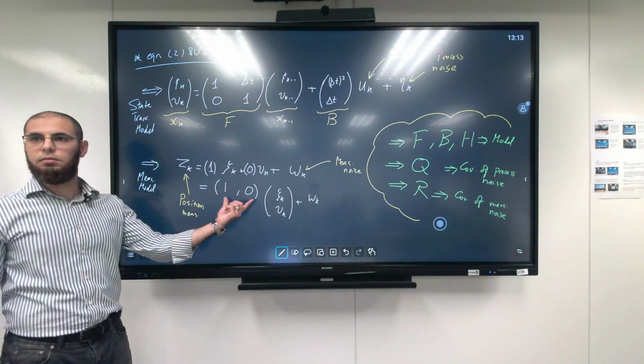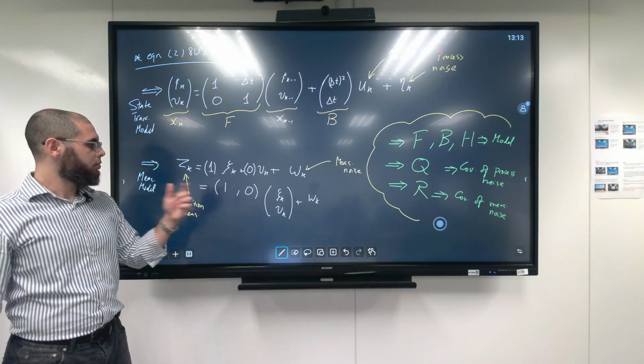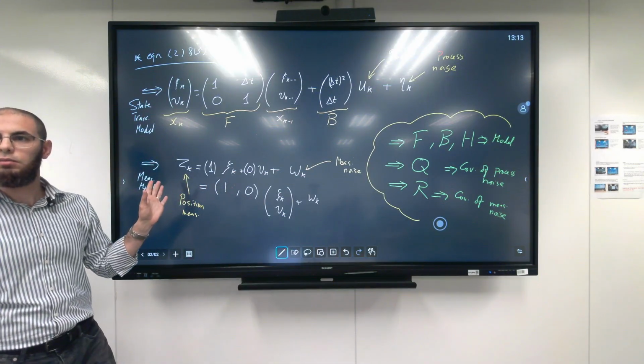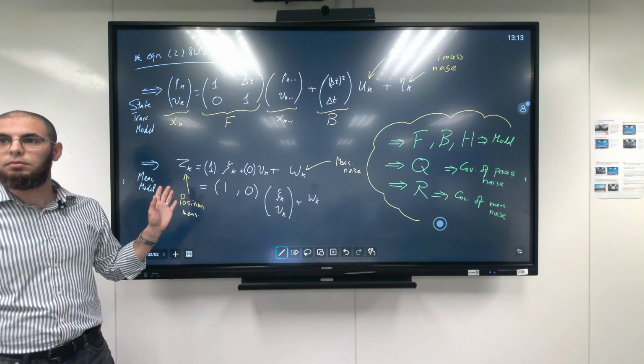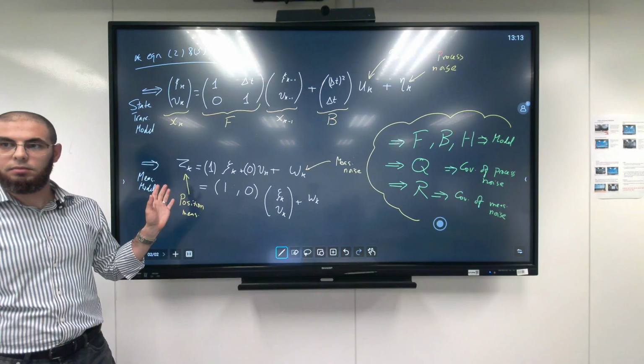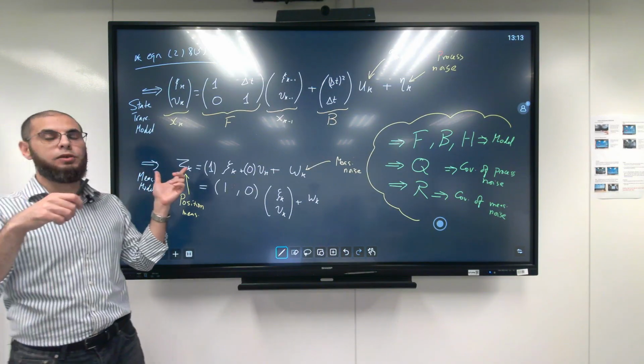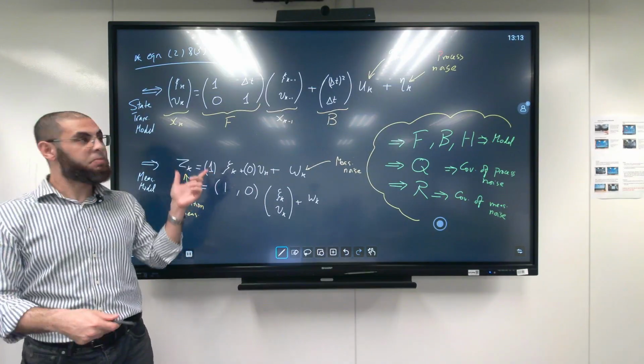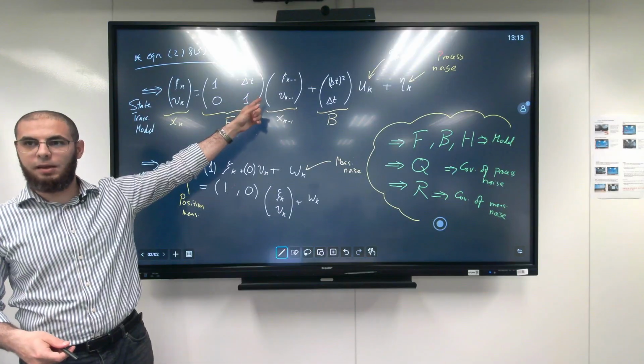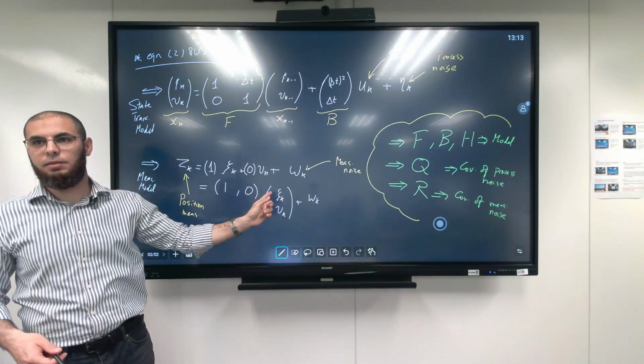Make sense? So it's a loop, right? No, it's an equation. The loop you're talking about will be through the prediction and then the update. This is what's used for the prediction step, and this is exactly what's used for the correction step. Yes, exactly.